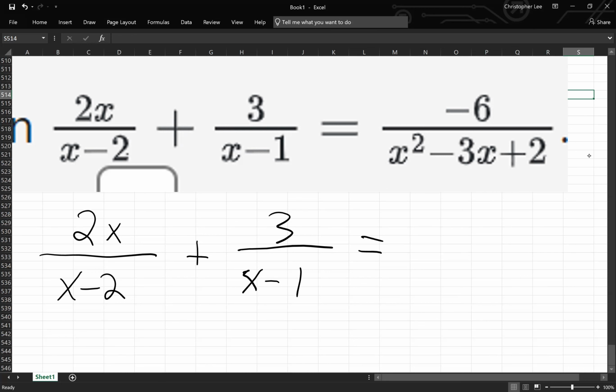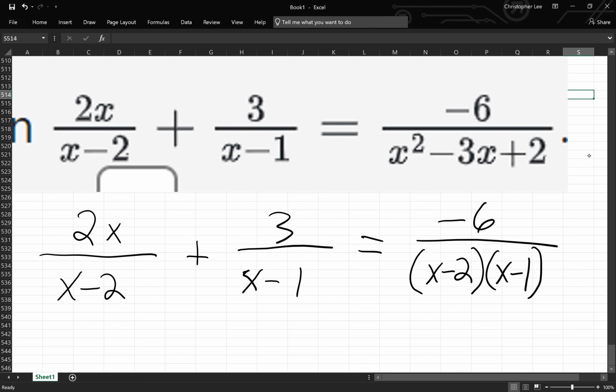Before that, -6 over what? The answer is on the sheet, it is right there. So I heard x minus 2 and x minus 1. Very good. Well done.